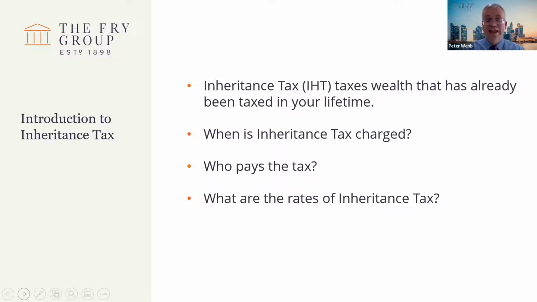And in that case, there can be an immediate 20% inheritance tax charge during your lifetime. We have a 36% rate if generally 10% of your estate is left to qualifying charities. And there's a lot of detail behind that calculation of that 10%. And then, of course, we get to our headline rate of 40%.